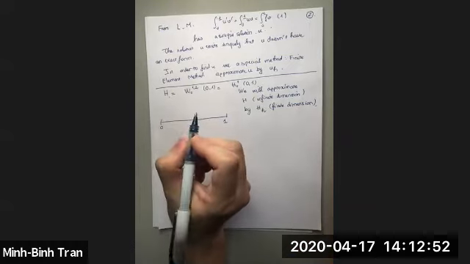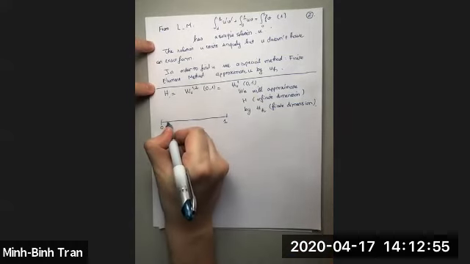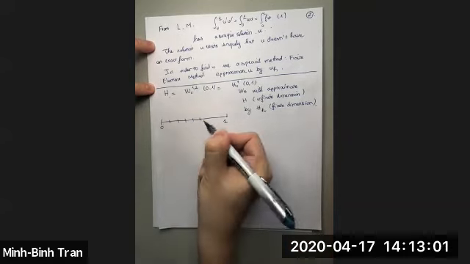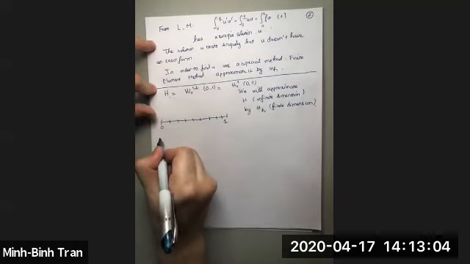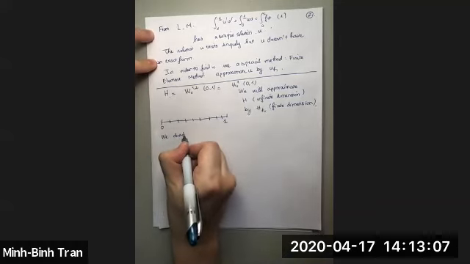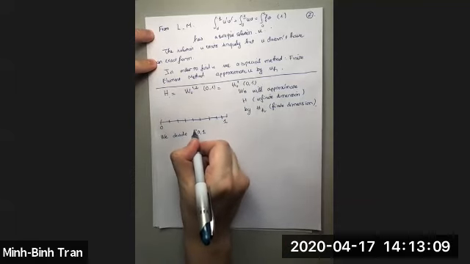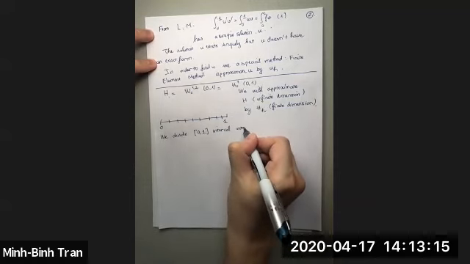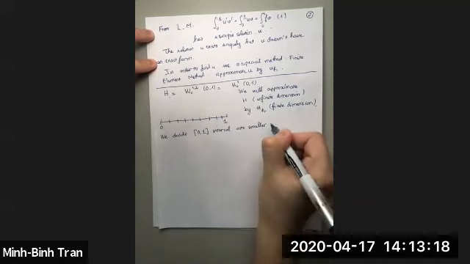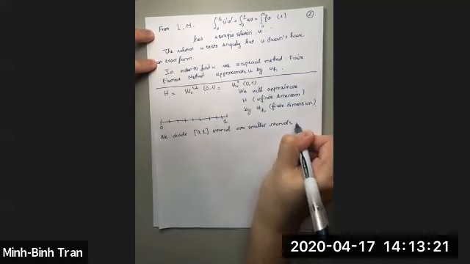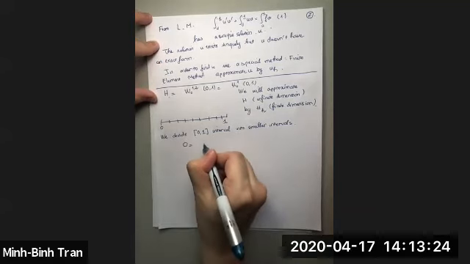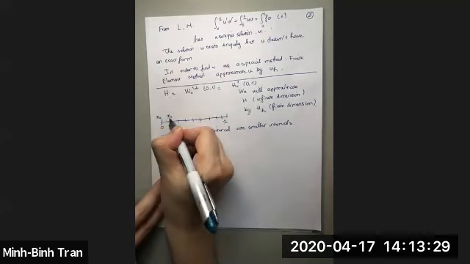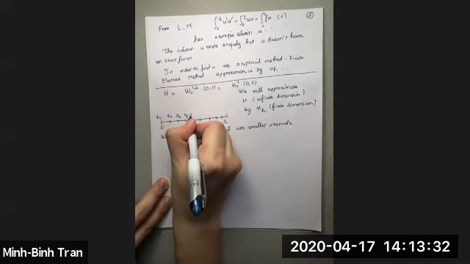First, you divide the 0 to 1 interval into smaller intervals, right? So you're going to put x0 to be this guy, x1 to be this guy, x2 to be this guy, x3 to be this guy, x4 to be this guy.